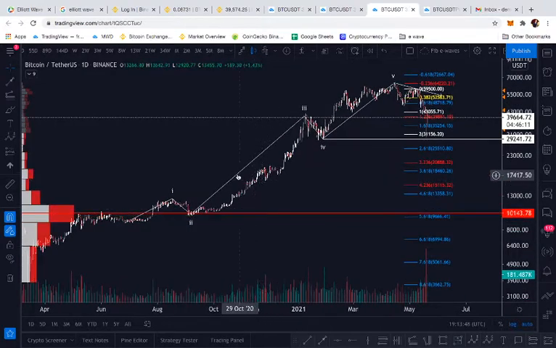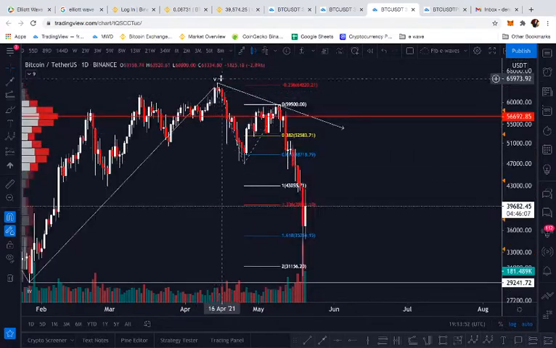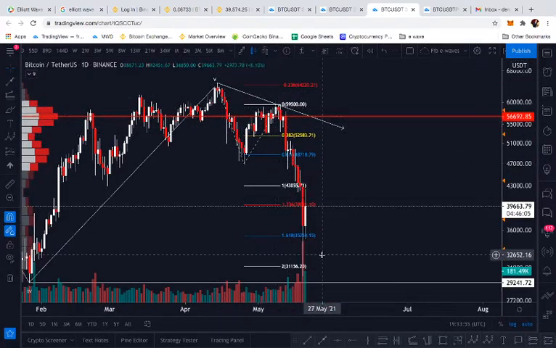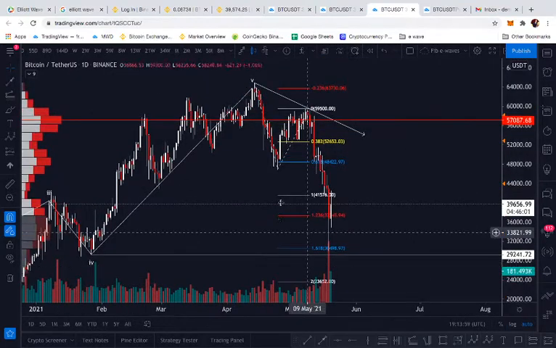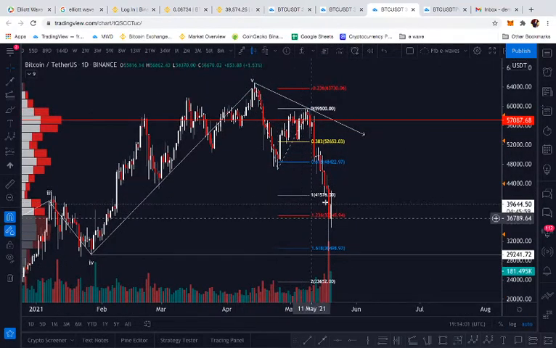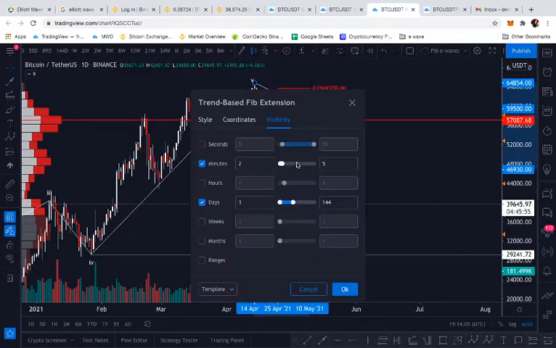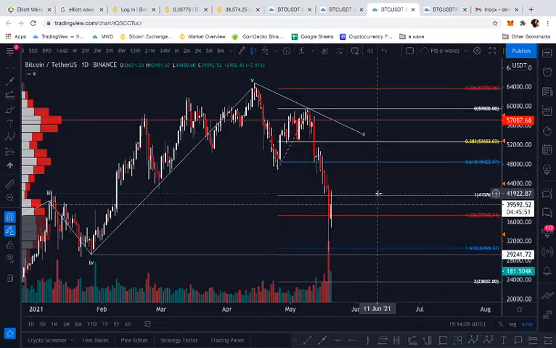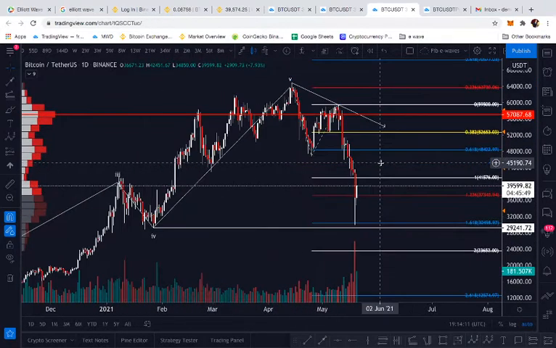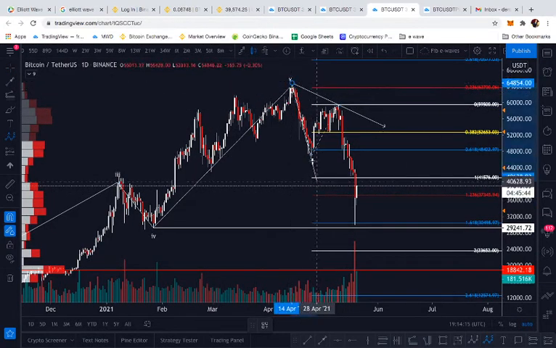If we count this as an A, a B, and a C, and we get off of log scale, I don't want to be on log scale, we see clearly that we hit a 1.618 and we bounce strongly on it. That's the wave C target. So if I label it just like so, this would be your A, your B, and your C.